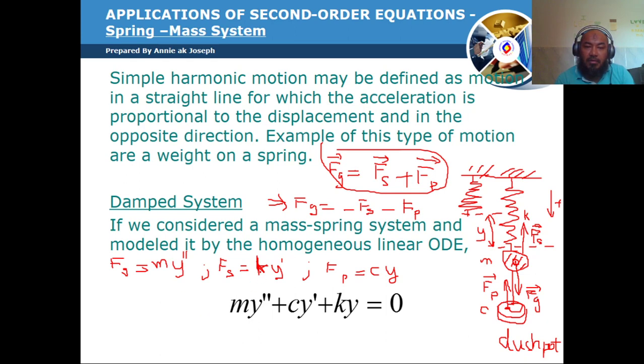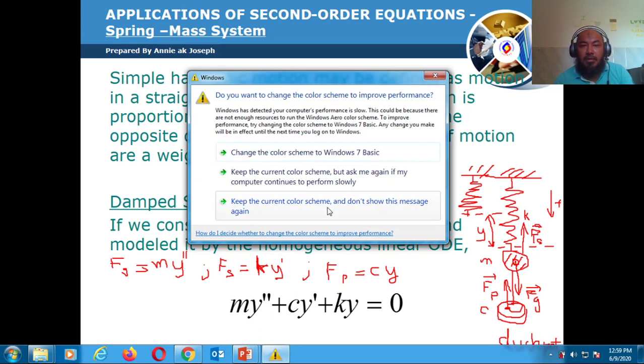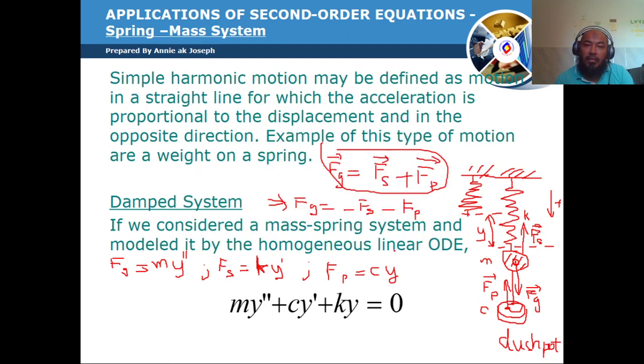This one will be equal to the spring constant multiplied by the length, and this one will be equal to the damping constant multiplied by the speed.